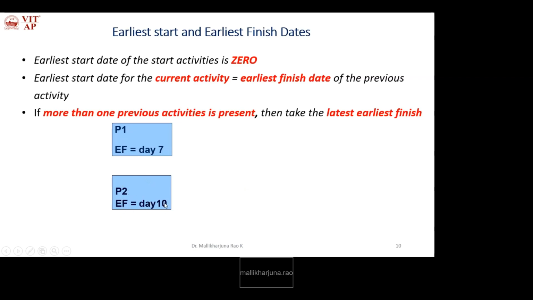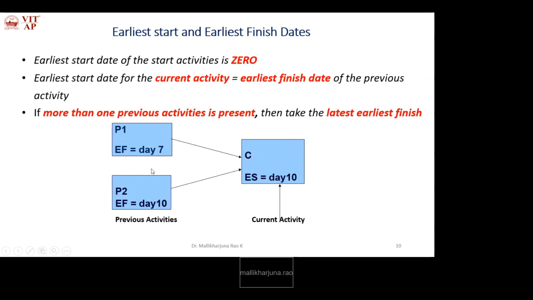These two are pointing to the current activity, and I need to find the early start for it. Since it has more than one previous activity, we take the latest earliest finish. Which one finishes latest? Day 10. So for the current activity, the earliest start is day 10.